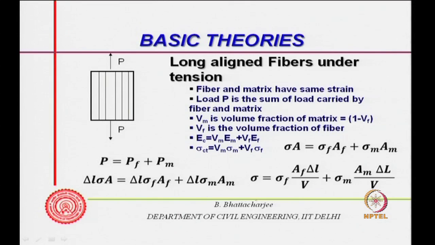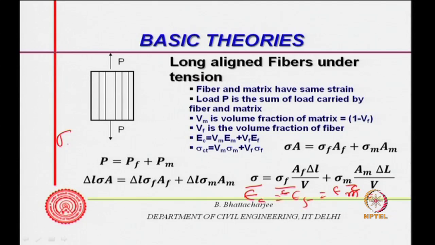this stress divided by strain is the same everywhere. Epsilon equals epsilon fiber equals epsilon matrix, and epsilon composite. So, everything is the same, all in tension, because I have applied tension. So, epsilon is the same. Now, divide this by epsilon, this also by epsilon, and this also by epsilon.